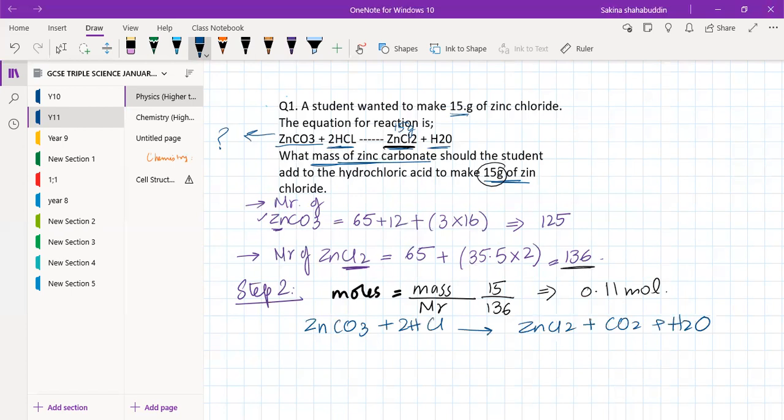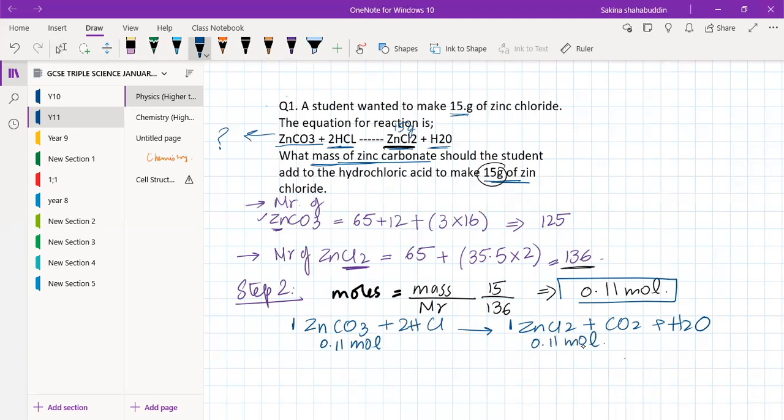Now, as you can see, there are equal moles on both sides. 1 mole of zinc carbonate is giving me 1 mole of zinc chloride, right? So we have just calculated the moles of zinc chloride was 0.11. That means it will be the same for both because they are equimolar according to our balanced equation.